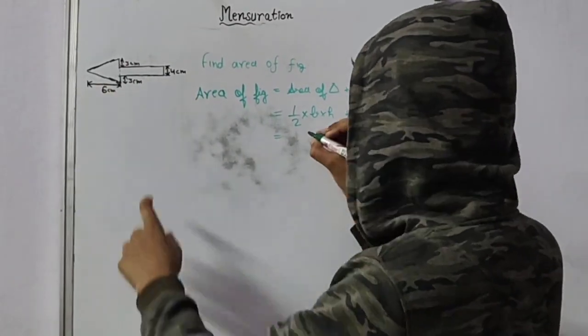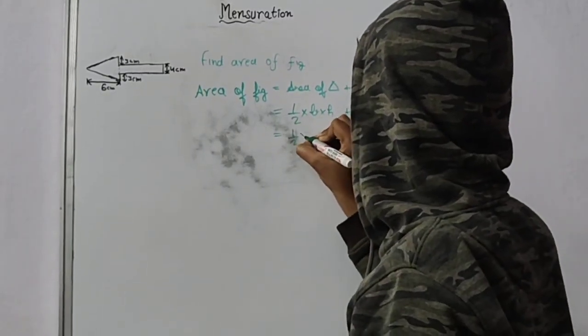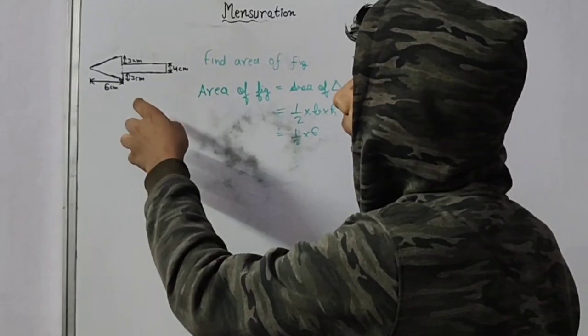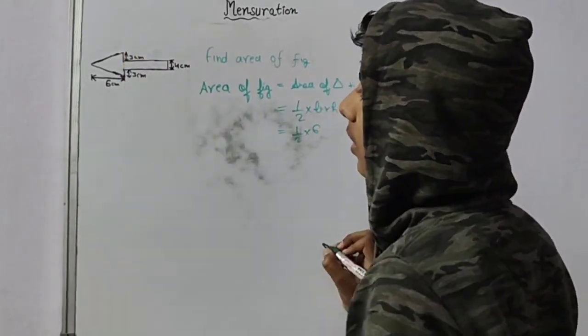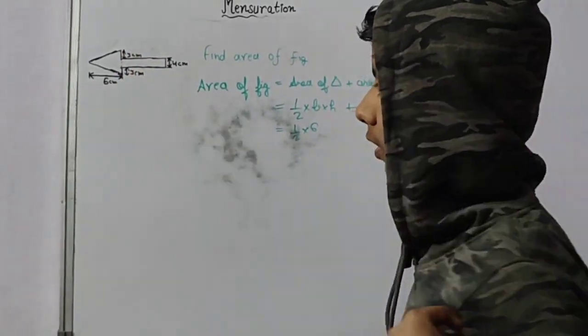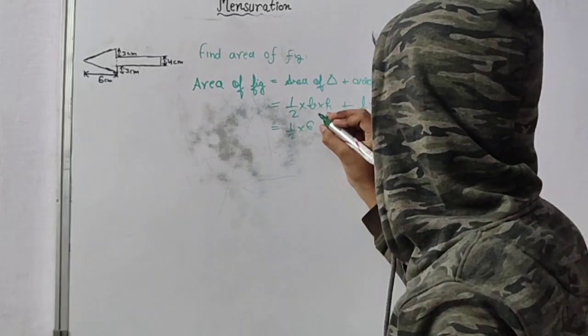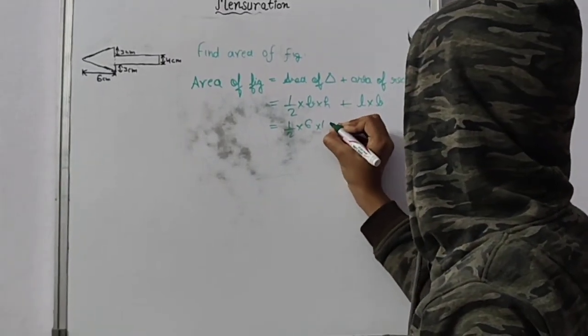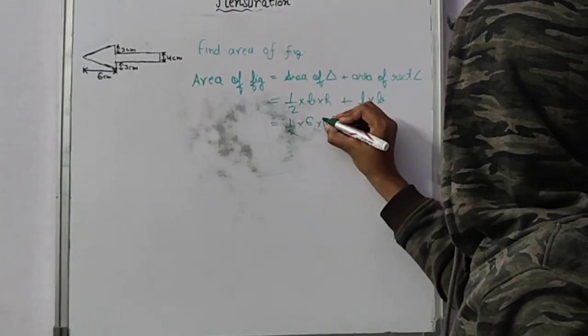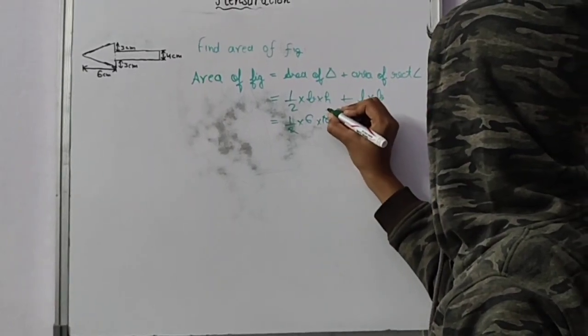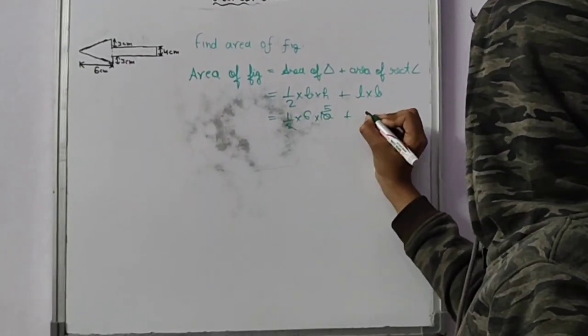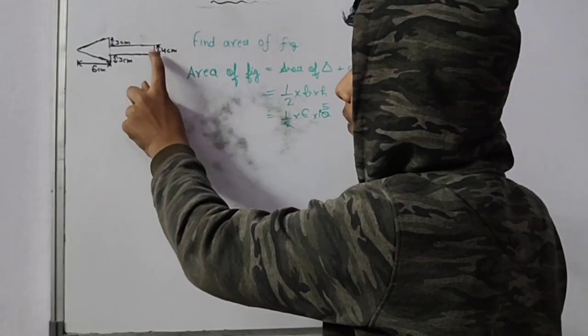What is the height of this triangle? 6, and the base is 3 plus 3 plus 4, 3 3 is 6, plus 4 equal to 10. 2 is cancelled by 10, which is 5, plus length into breadth 4.